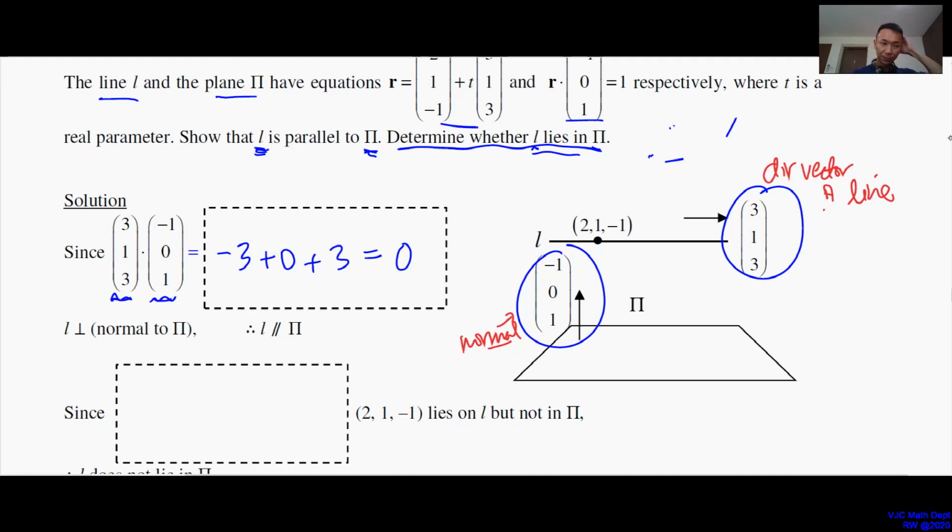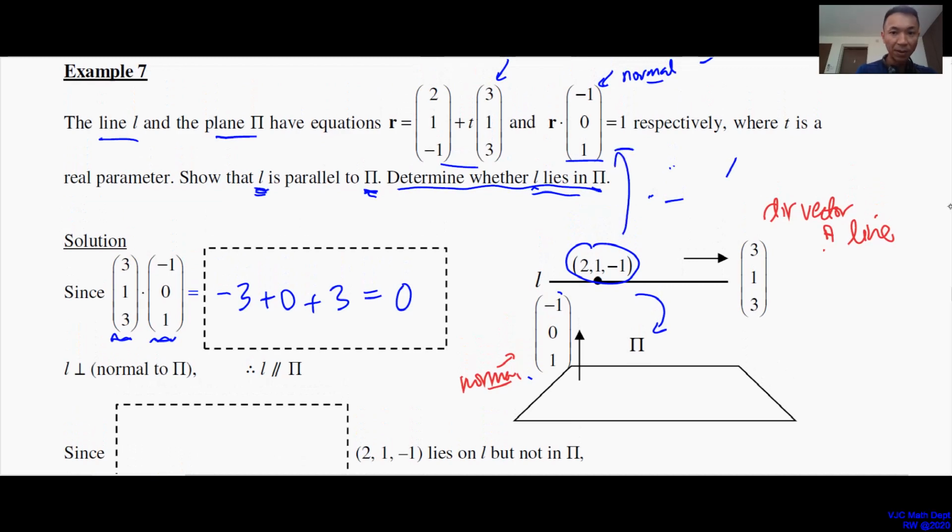How do we do it? All we need is to check this point, 2, 1, minus 1. Let's check whether 2, 1, minus 1 lies on the plane or not. How do we check? We substitute 2, 1, minus 1 into the equation of the plane.